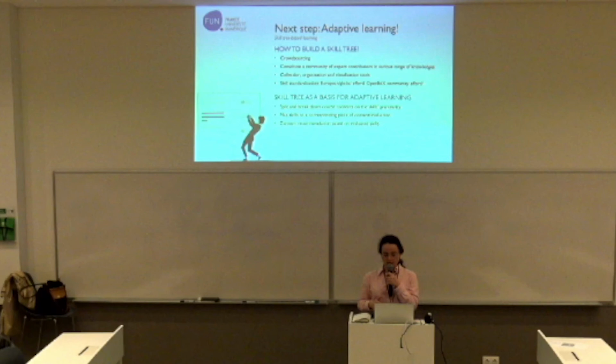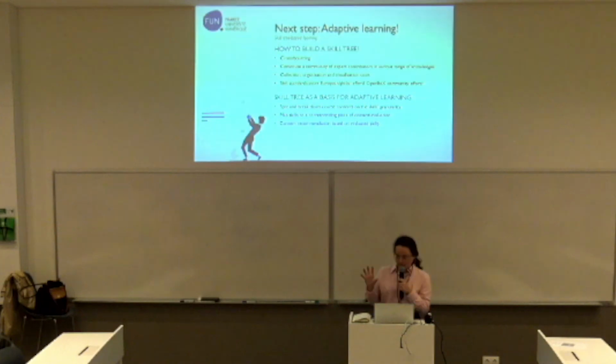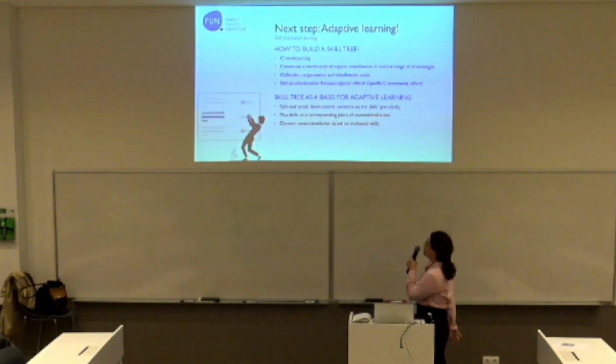And with the skills component in adaptive learning comes also the content component. So with this knowledge modelization on a skill tree, the next question will be how to apply it on the content.